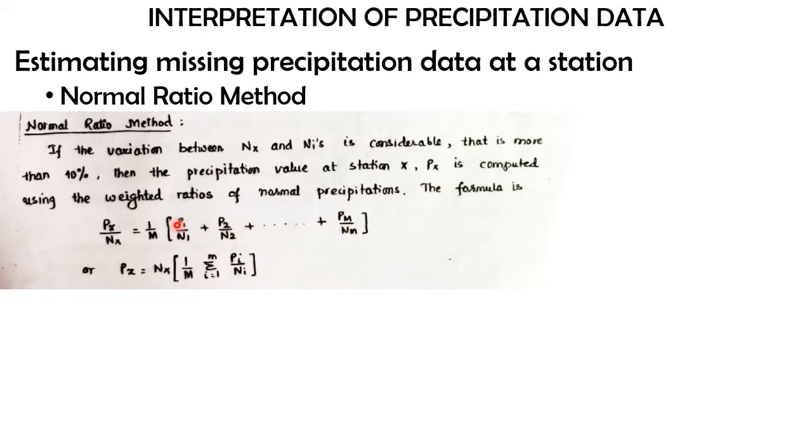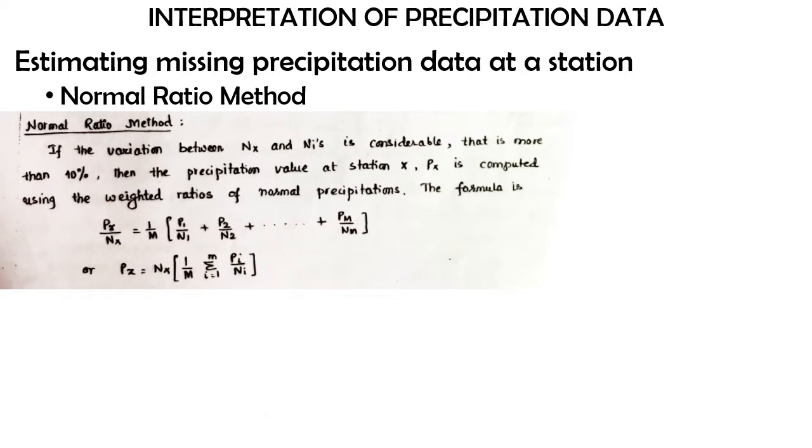So if I just put a summation for this P1 by N1, P2 by N2 and so on, then my formula is going to become Px is equals to, so Nx from the bottom over here will go to the numerator. So Px is equals to Nx into 1 by m summation of i varying from 1 to m Pi by Ni. Okay, so let us try to understand what this normal ratio method is.